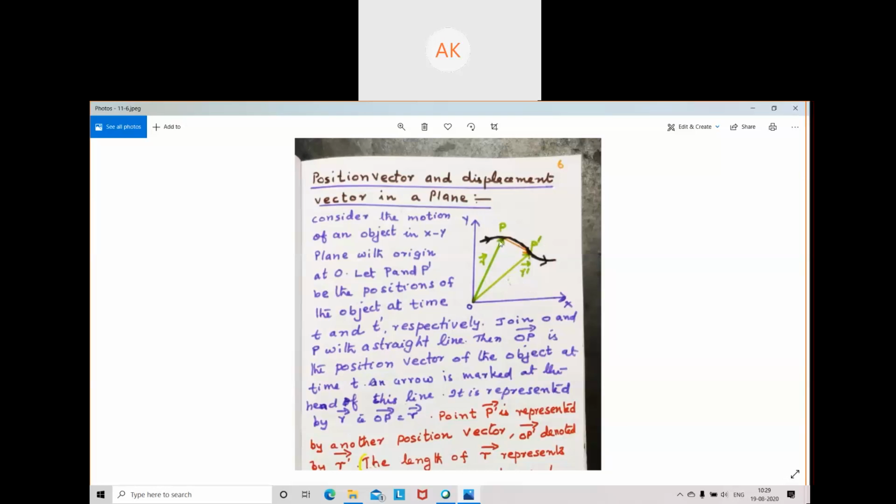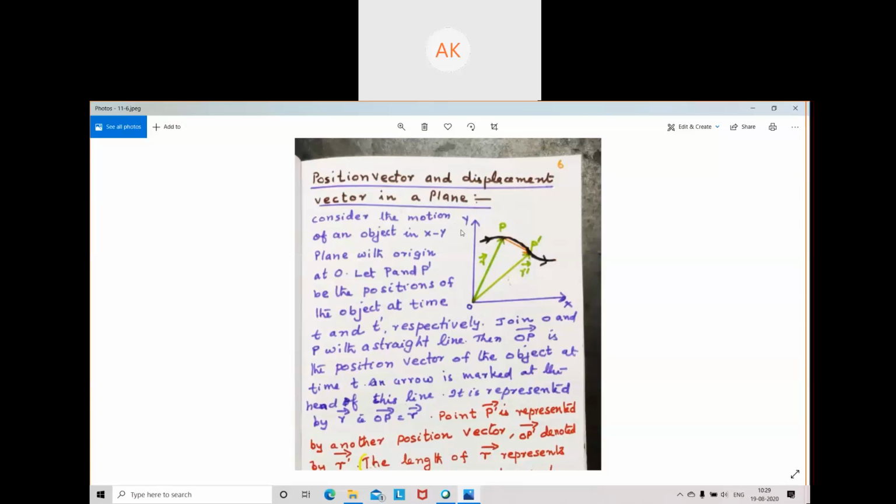First, consider the body at P. This dark colored line represents the motion of the body; the body is moving in this direction. At a particular time t, the body is at P. How will you represent the position vector? We are studying that.